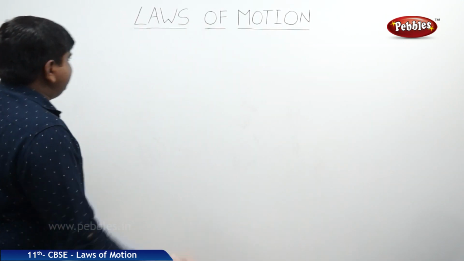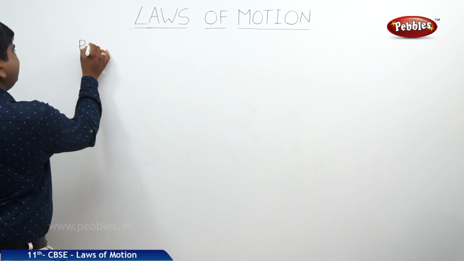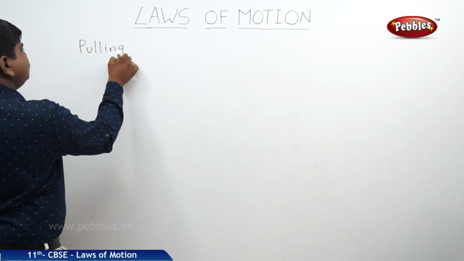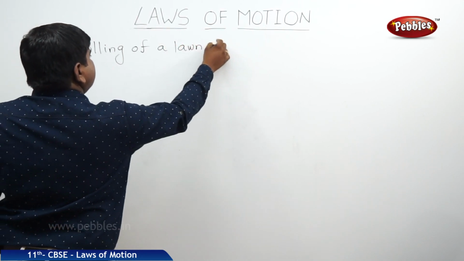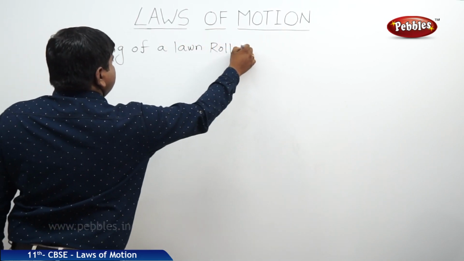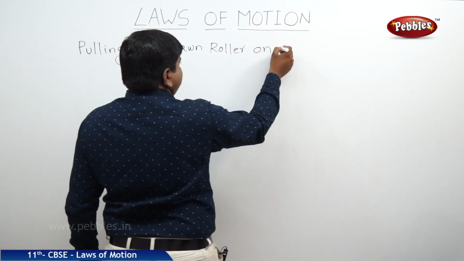The next concept is pulling of a land roller on a horizontal rough surface.